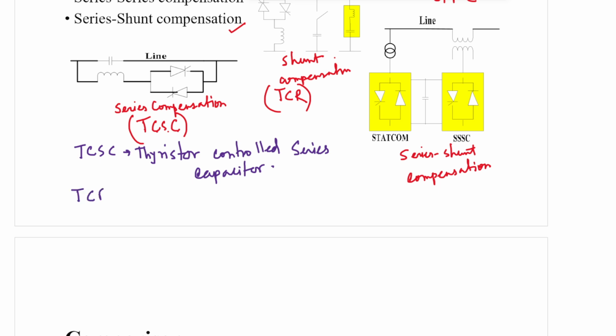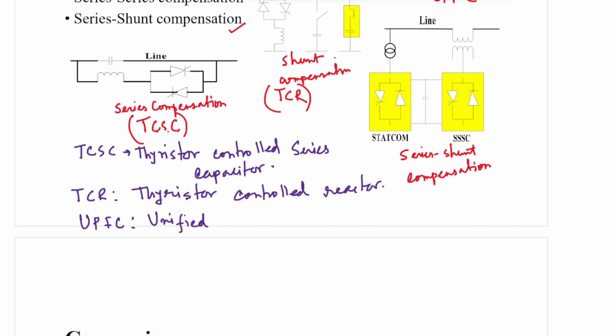What is TCR? TCR stands for thyristor controlled reactor. And lastly, we have shown another series-shunt compensation, that is called UPFC. It is called unified power flow controller.